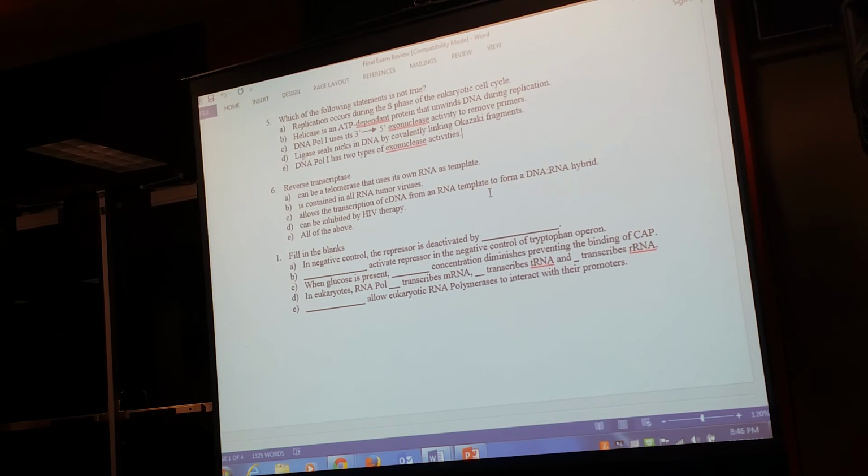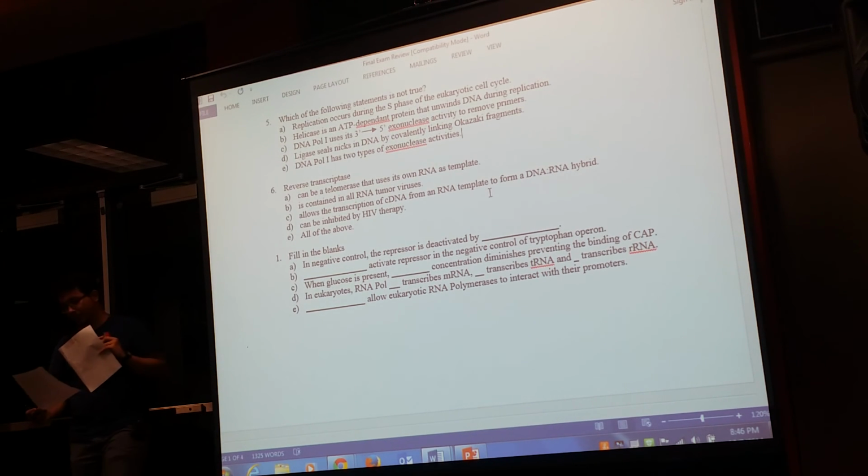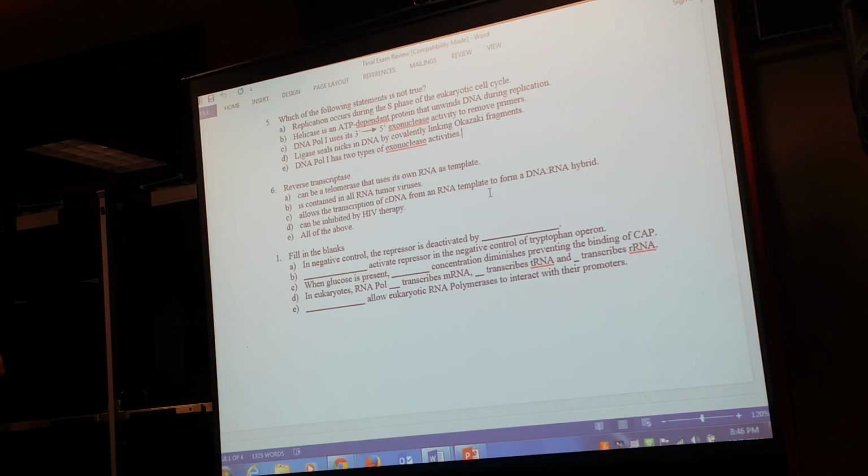I think I wrote that on my hand. I think I should have prokaryotic. Oh, yeah. Okay. So this one is just transcription factors. Don't worry about what transcription factors. Just know that transcription factors allow eukaryotic RNA polymerases to interact with their promoters.